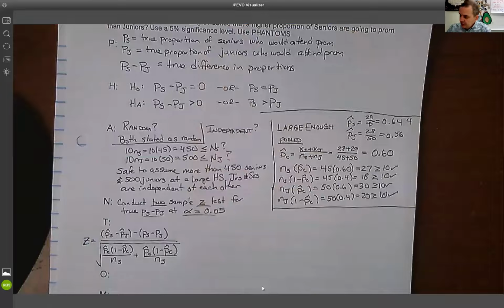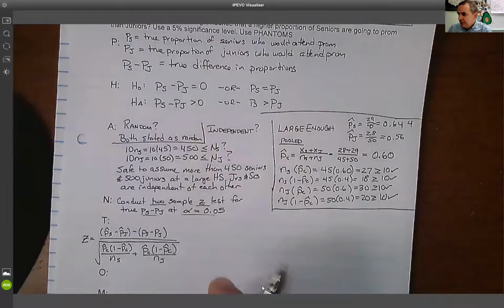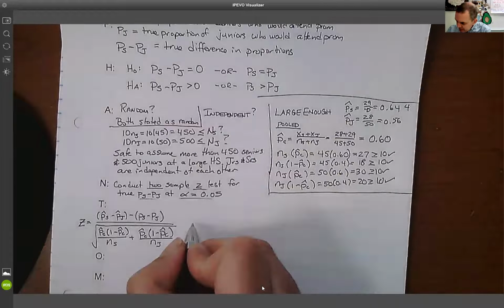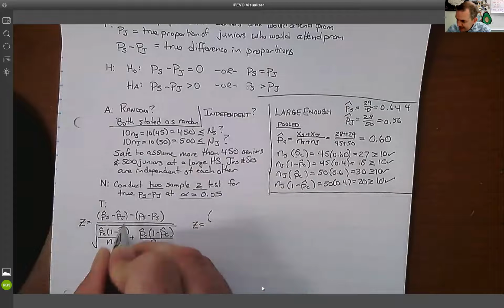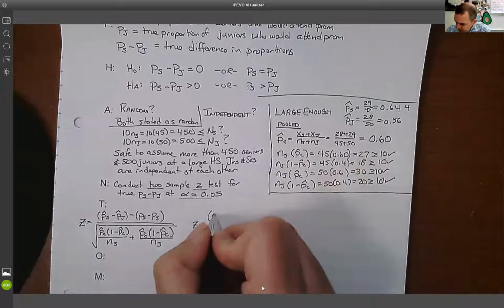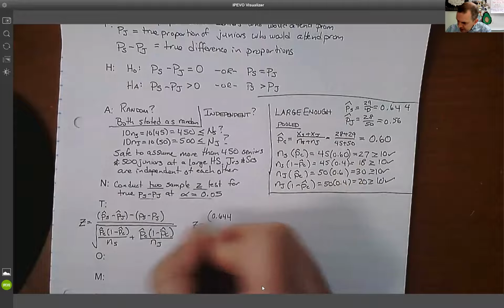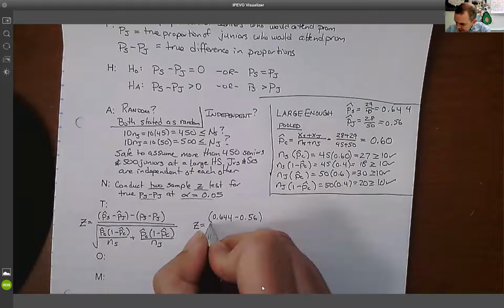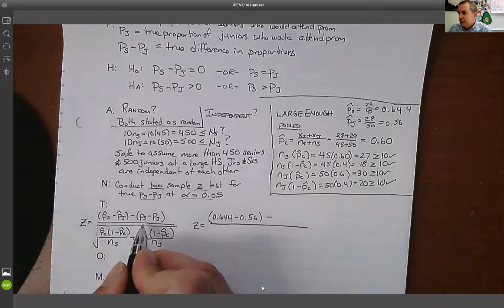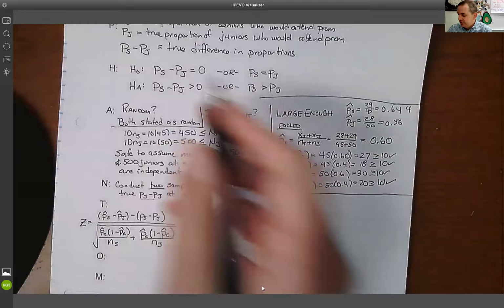So in this case, what I want to do is write this down, and I'm going to put down values. So now, P hat S is 0.644. P hat J is 0.56. Now, here's the thing, PS minus PJ, we have said it's 0.